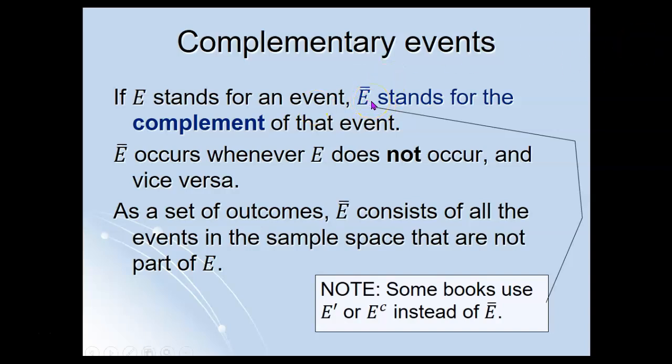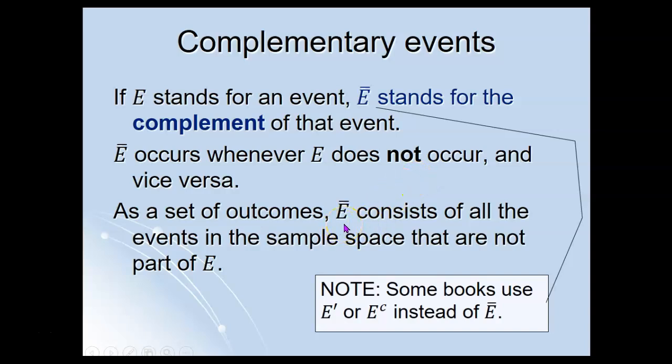And that's the notation that our book uses, but if you read other statistics or probability books, other books sometimes use an E prime or an EC instead of E bar. Different notations for the same thing, but we'll use the bar. So E bar or E complement is what happens whenever E does not happen.